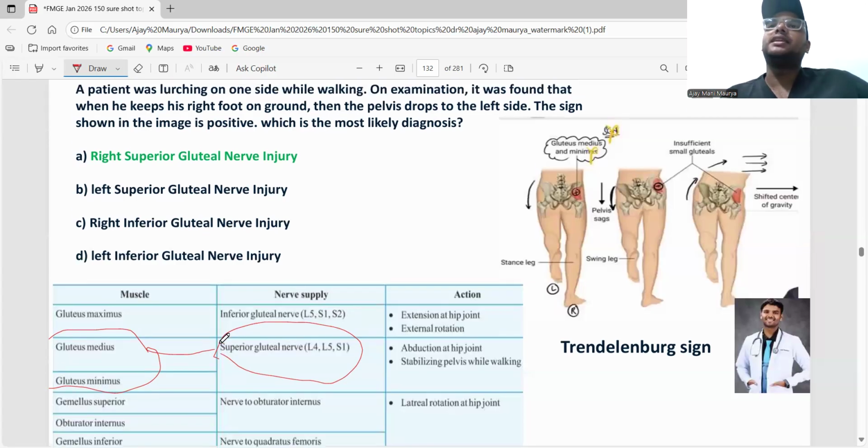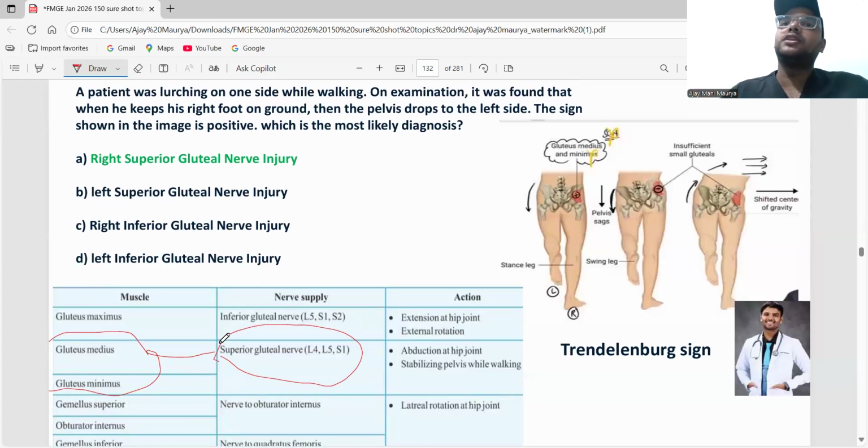No. Then the patient will not do the abduction. That's why while walking he may fall down. To take the support, he will lurch. It means he will bend to one side. See, this guy is bending to one side and taking this leg support. Isn't it?